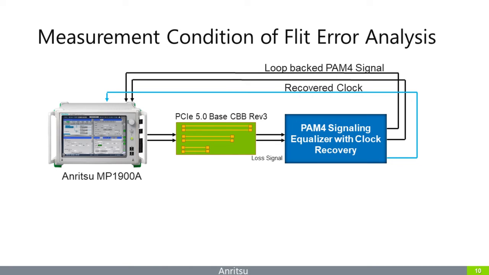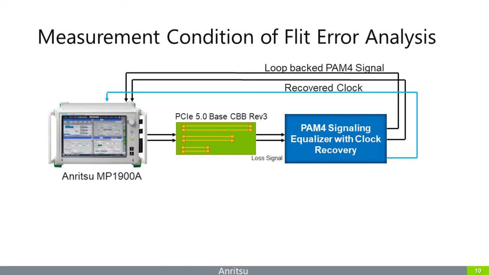This is the block diagram of this actual measurement. The MP1900A is the bit error rate tester. It can generate a signal with a compliance pattern or any pseudo-random pattern, a PRBS pattern.